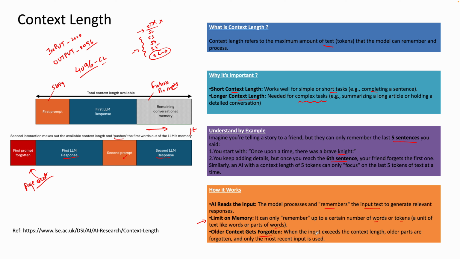So when the input exceeds the context length, older parts are forgotten and only the most recent is used. Again, in the example of 4096 context length, if your input already used 2000 tokens, then your output tokens available to you are something like 2096. Over and above that, you will start forgetting the input tokens as well, right? So this is what it means by context length. I think you get a good understanding of context length.